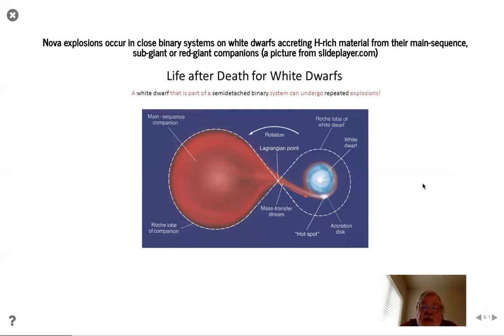If a binary system is initially close enough, then we have a situation like this that occurs during a nova explosion. On the right side we have a white dwarf, and on the left side we have a main sequence companion of the white dwarf. Because its radius increases during its main sequence, subgiant branch and red giant branch evolution, the companion star can eventually fill its Roche lobe.